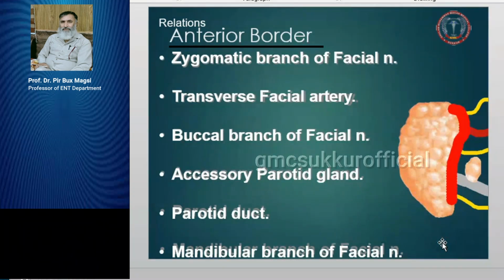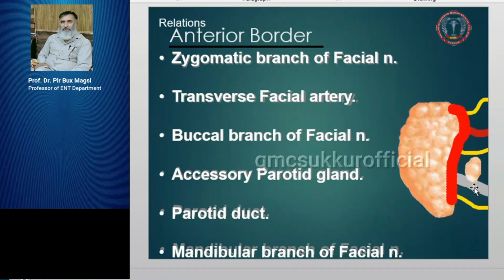Now these are the branches of the facial nerve. One is the zygomatic branch of the facial nerve. This is a very important nerve, which goes to the upper part of your eyes. Second is the transverse facial artery, and this is the accessory parotid gland.